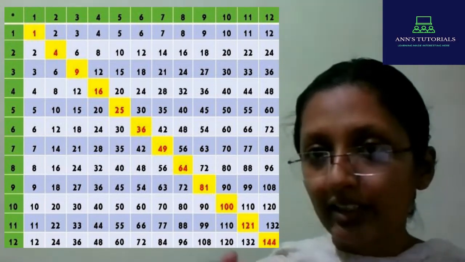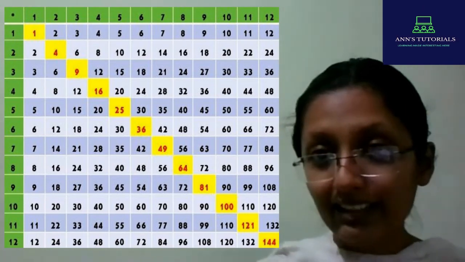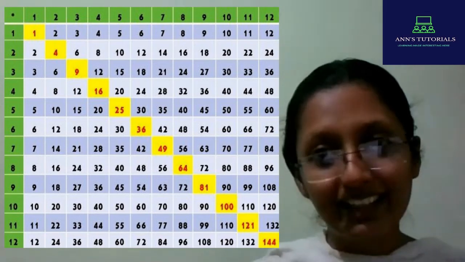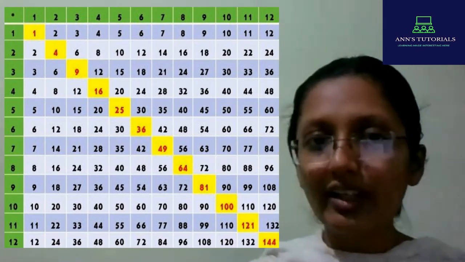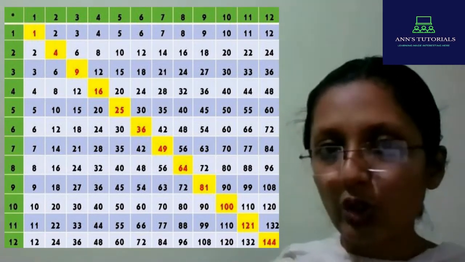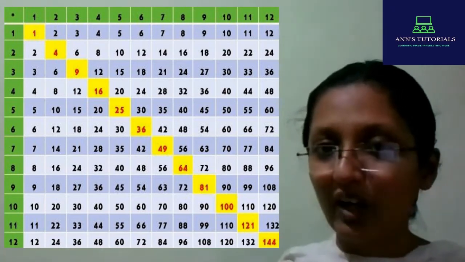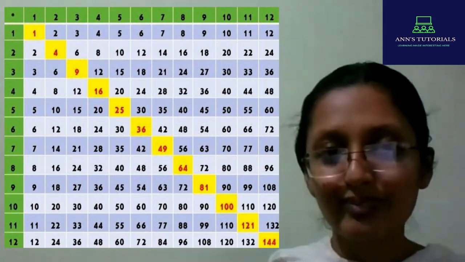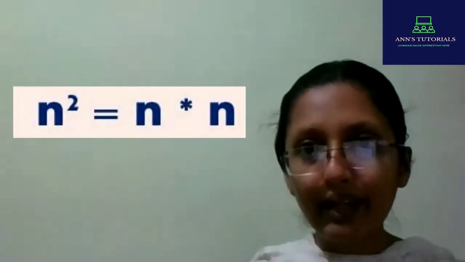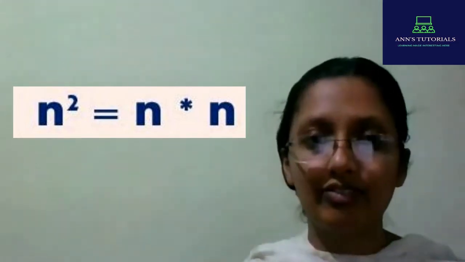It will be 8 times 8, 9 times 9, 10 times 10, 11 times 11 and 12 times 12. So here we get the answer: 64, 81, 100, 121 and 144. So squaring a number means to multiply that number by itself.